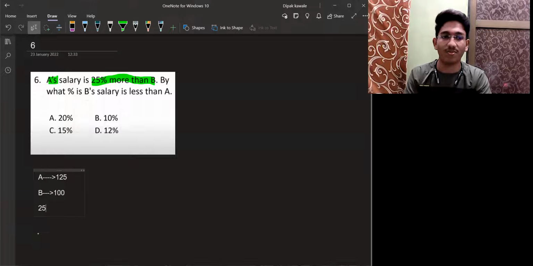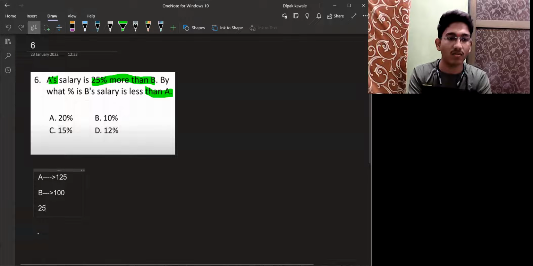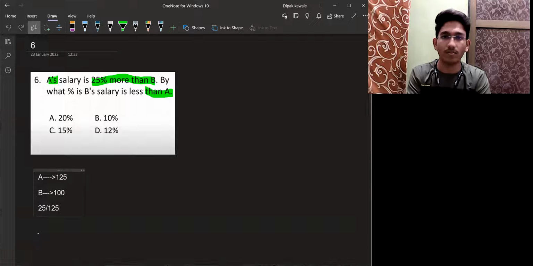Okay. They have a difference of 25, and it is saying that we have to find the percentage with respect to whom? With respect to A. So what is my assumed value of A? It is nothing but 125.